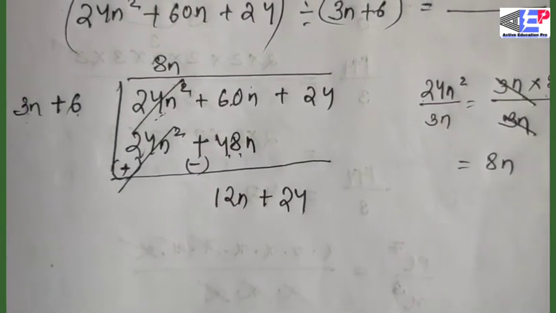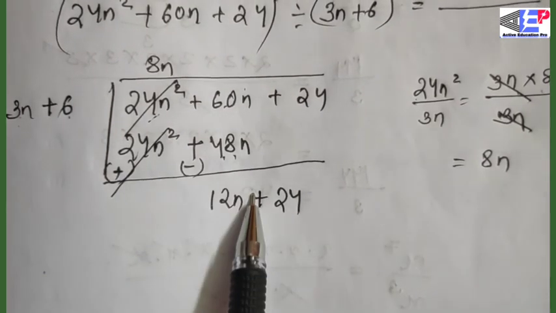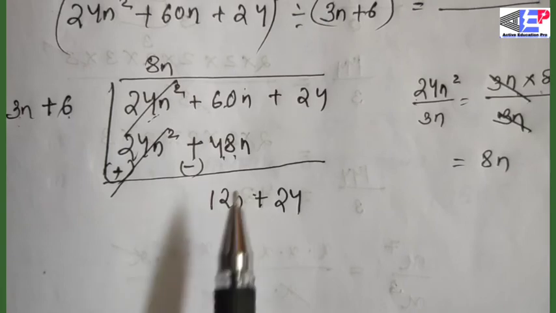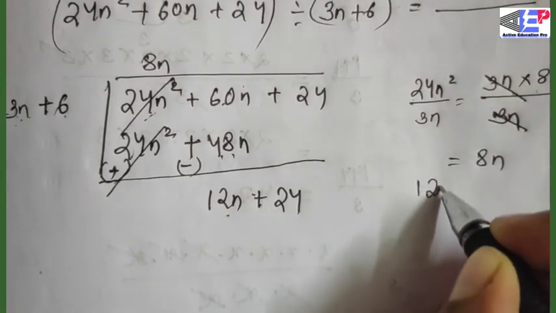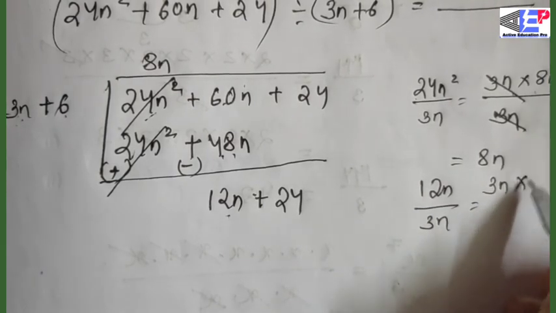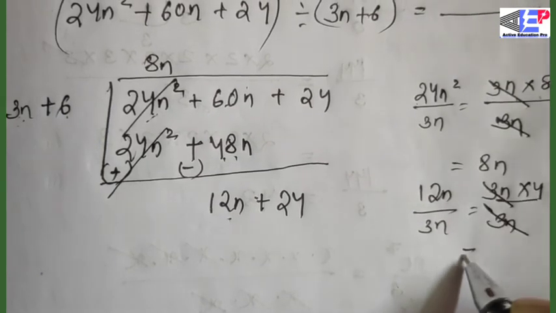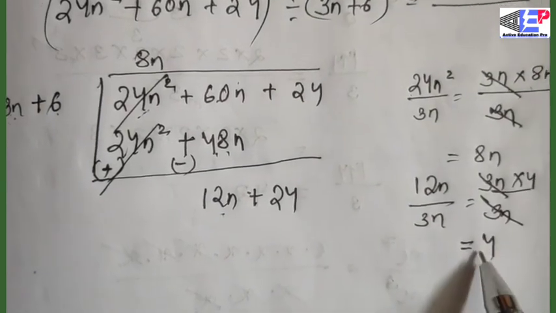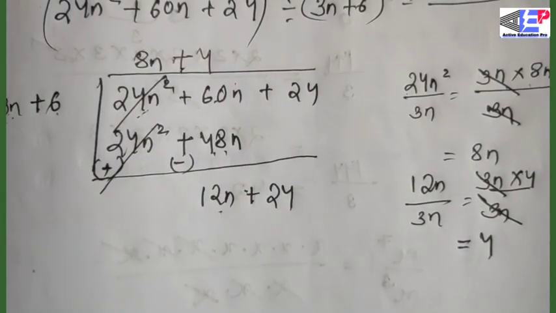Right now check the degree of the divisor and the dividend, 1 and 1. Then we can divide it, no problem. The first term of the divisor is 3n and the first term of the dividend is 12n. 12n by 3n: 3n into 4 by 3n. Cancel it, then your answer becomes 4. Write plus 4 here, plus 4.